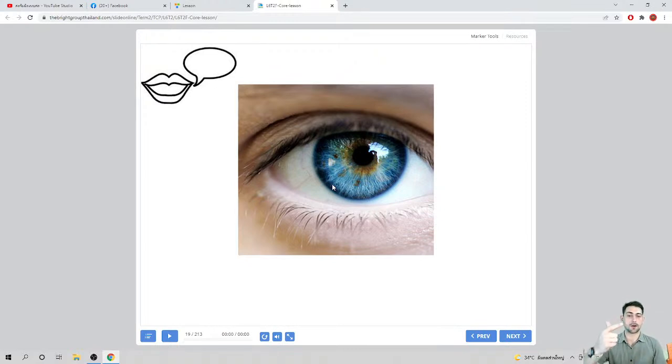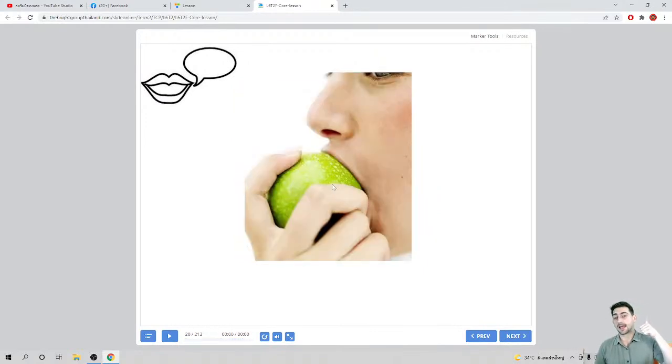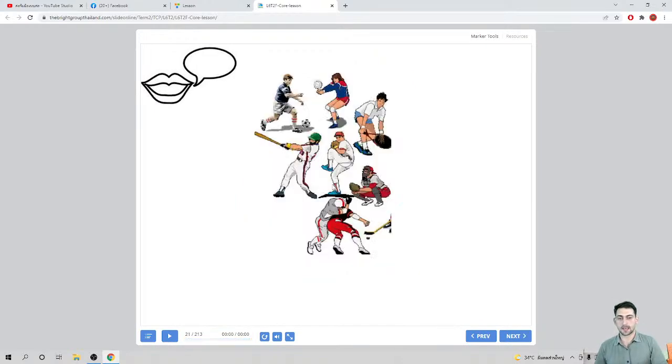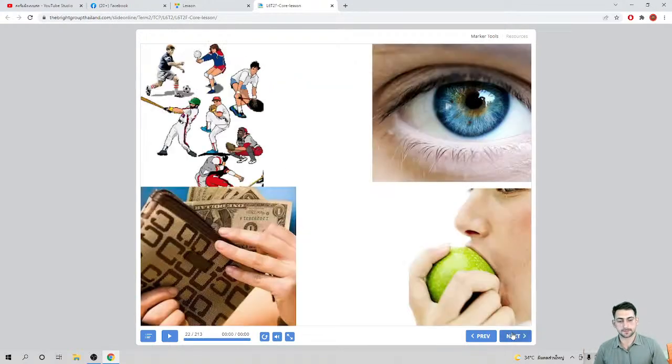Number 3, we have eat, ate, eaten. And vocabulary word number 4, play, played, played. Good job.